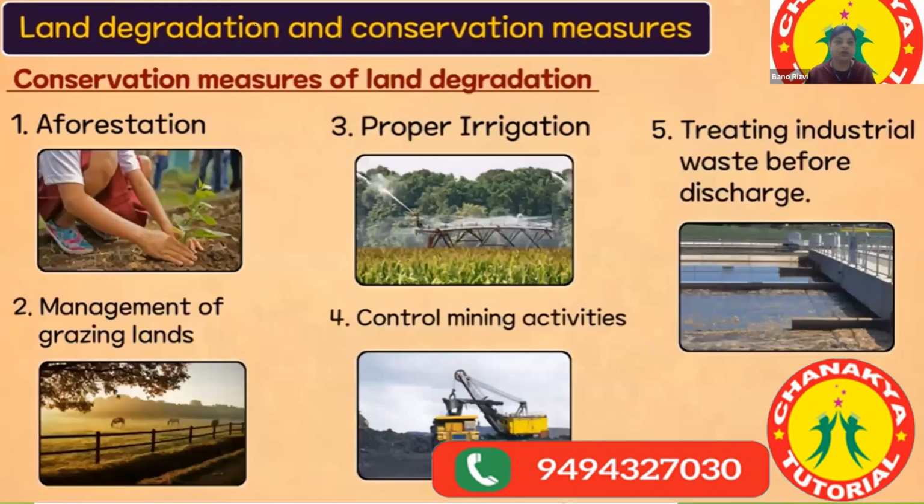Now we have how do we conserve it. For conservation we have afforestation. We should plant more trees so that we can have better forestation. Next is management of grazing land, proper irrigation so that it is never over watered, control of mining activities and treating industrial waste before discharge.